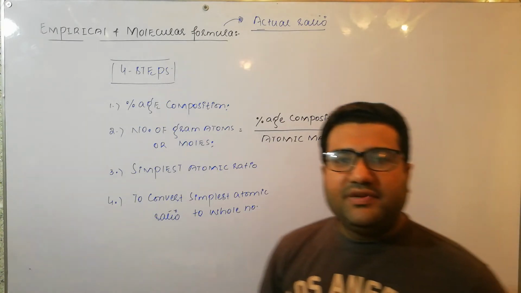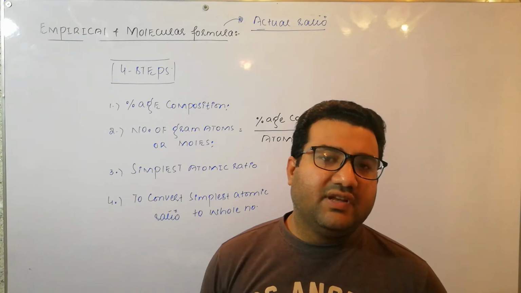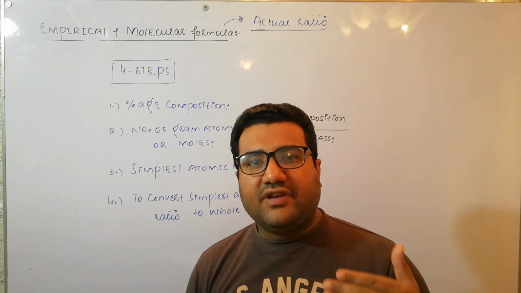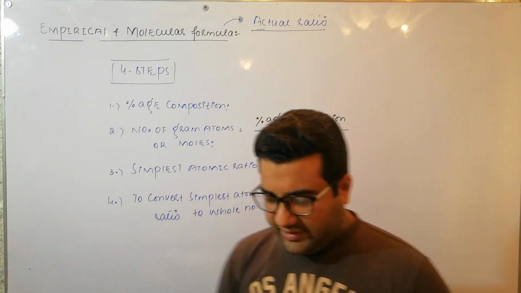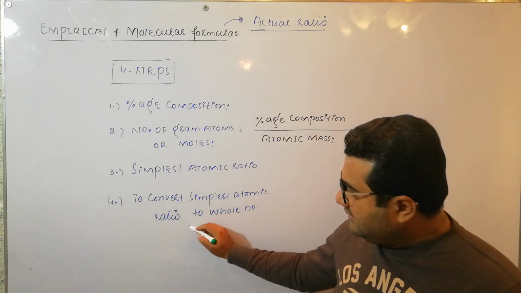The fourth step is not necessarily included in all the calculations. If the simplest atomic ratio is in fractions, then it becomes very important to convert it into the whole number. How can we convert it? That is again very important. How will it be converted?